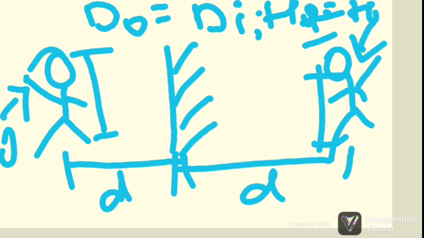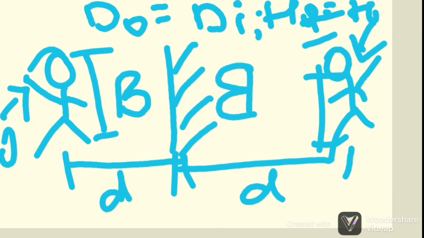Why does this happen? That's what is lateral inversion. If you show a letter B in front of the mirror, you could see the opposite way of B. So this is a lateral inversion which our plane mirrors have.